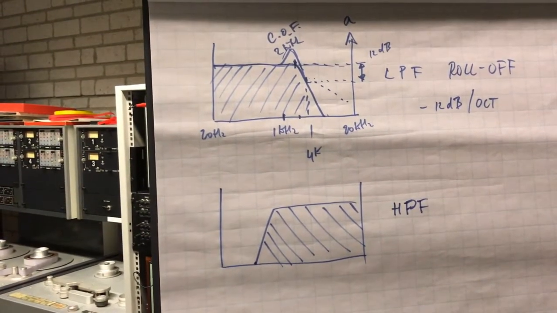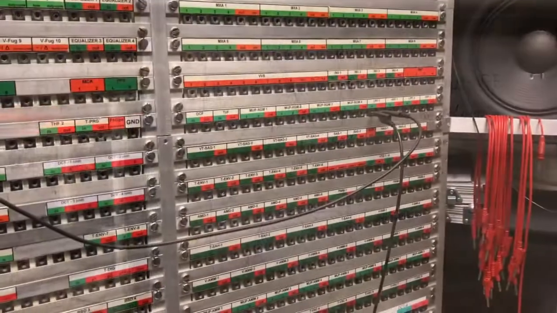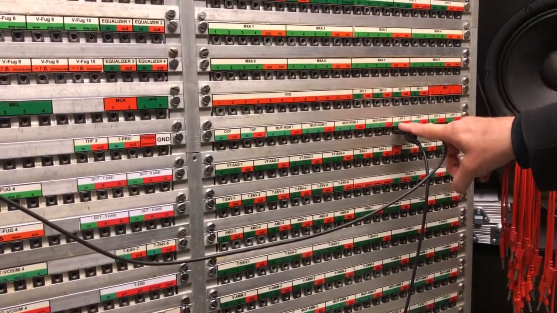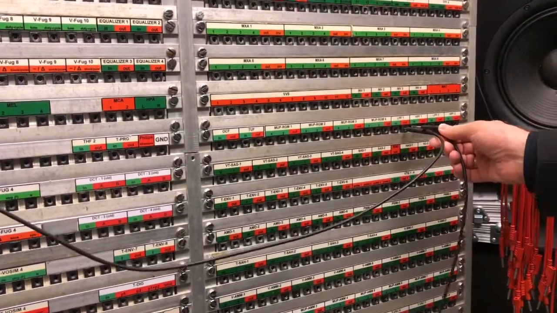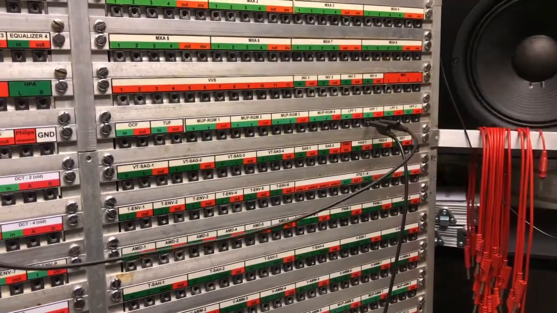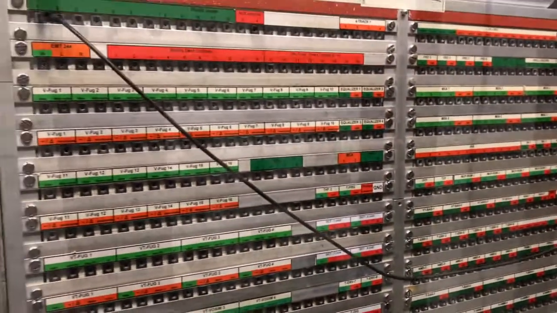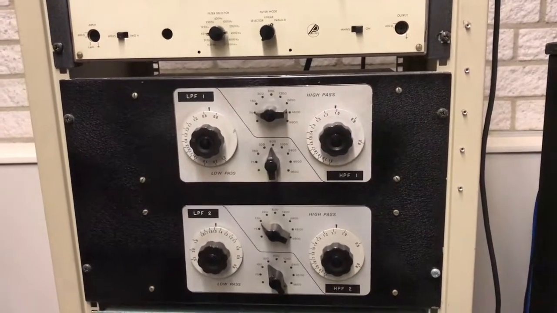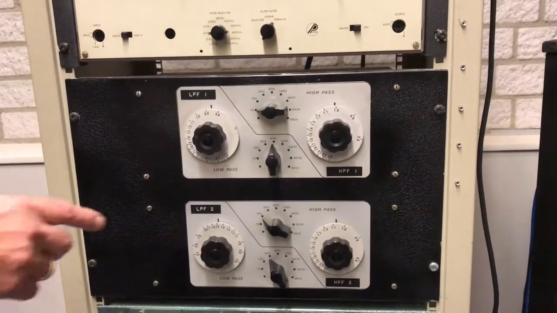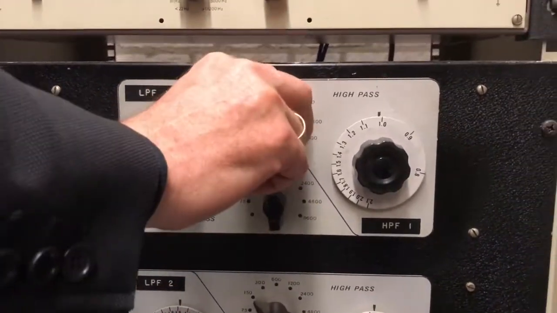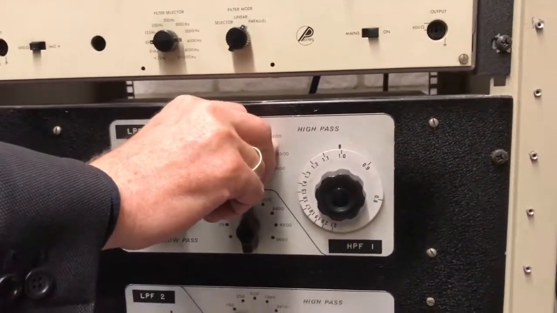So let's listen to a high pass filter. So instead of the noise signal going to the low pass filter, I'm now going to plug it into the high pass filter, and I'm taking the output of the high pass filter to the desk. So now I'm starting at the opposite of the frequency range, which is I'm starting at 75 Hertz, and I'm gradually going to bring up the cutoff frequency.